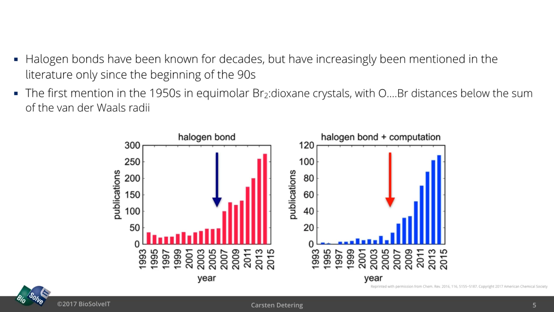In 2007, then, there was a seminal paper by Tim Clark of the University of Erlangen, which was the first comprehensive review on halogen bonds and the sigma hole effect. And this sparked an exponential increase in publications that dealt with the keyword halogen bond or halogen bond and computation.